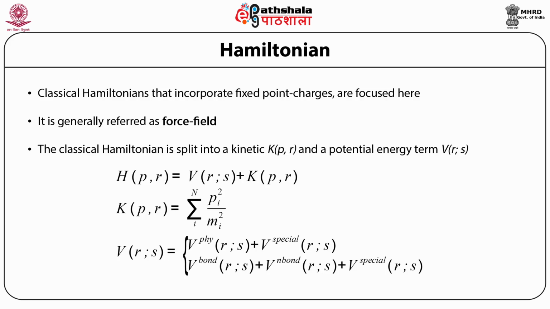However, the potential energy is defined by actual physicochemical internal parameters like bond length, bond angle, etc., plus the non-bonded terms like electrostatic, van der Waals, etc., plus there can be additional terms which we would like to add. Hamiltonians are built like that.